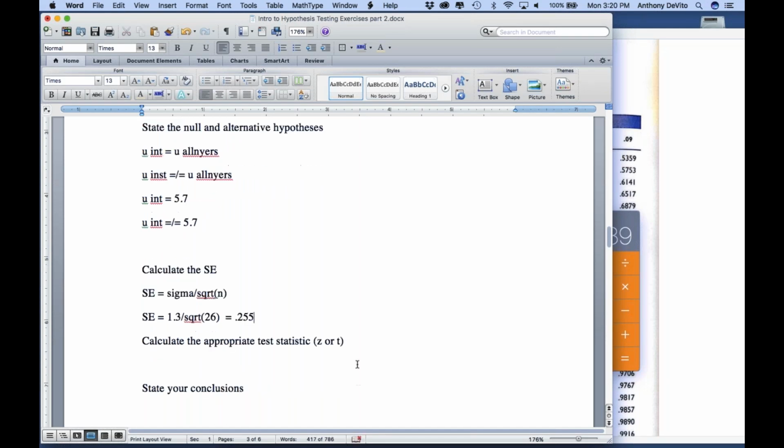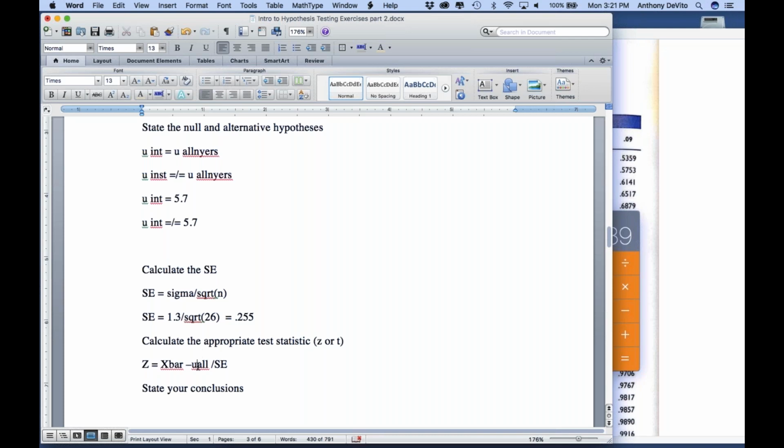Okay, so now I'm going to calculate my z or my t test. Which one am I going to do, z or t? Do I know sigma? Yeah, I did. So I'm going to use z. Z is equal to x bar for my sample minus mu, the known value for all, divided by the standard error. I calculated that ahead of time. Otherwise, it would have been sigma over the square root of n.